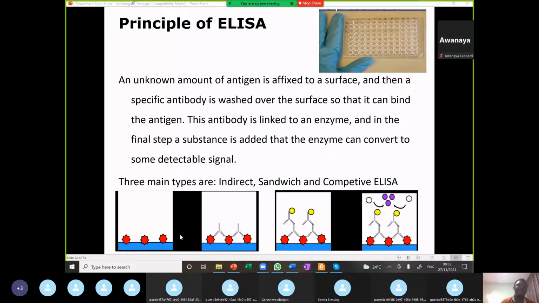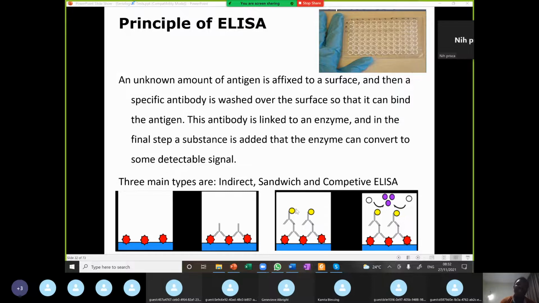If this antigen is not specific to this antibody, the primary antibody will not bind to the antigen.